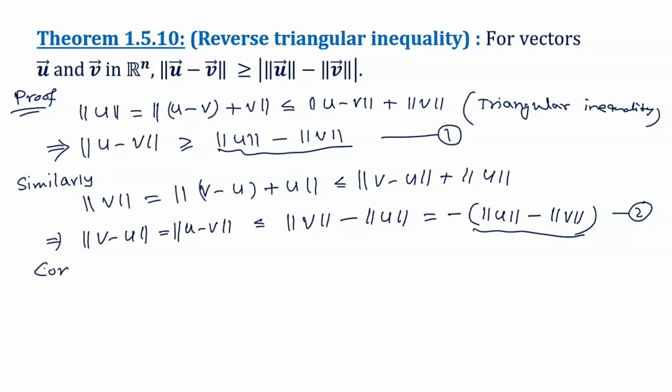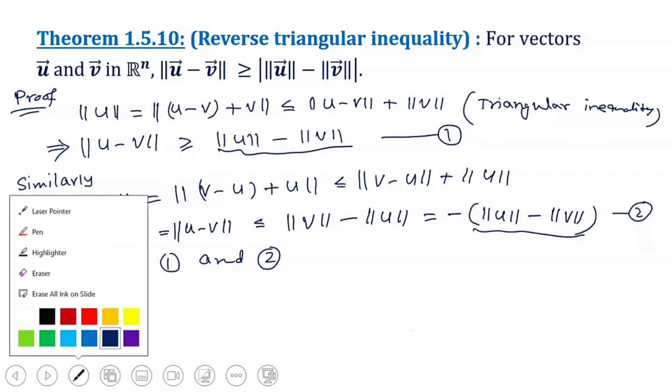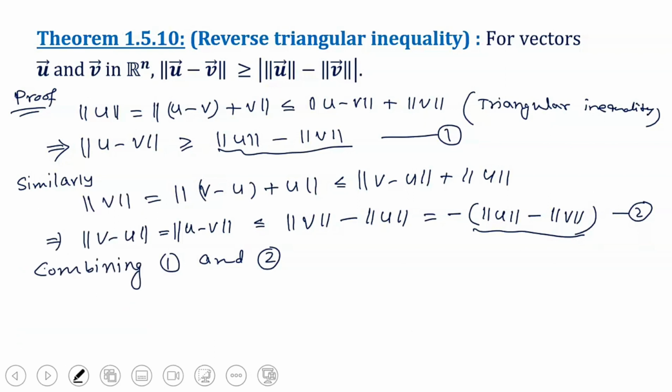Now, combining 1 and 2, look at this: this is the norm of u minus v, this is also the norm of u minus v, and here is the norm of u minus the norm of v, and here is minus the norm of u minus the norm of v.